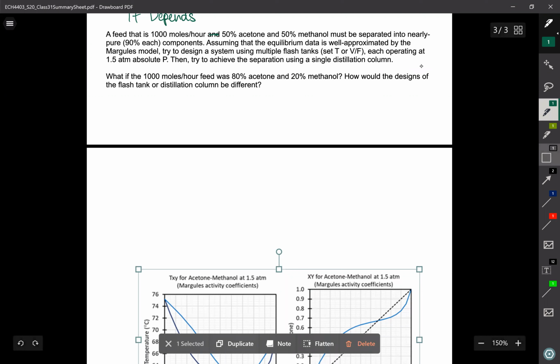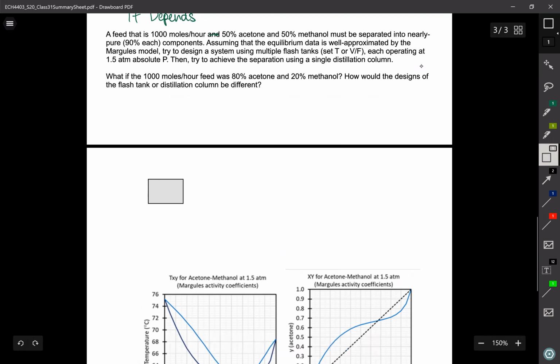But we are going to try the multiple flash tank approach, something that we tried way back in January for the first time. Remember, I've got multiple flash tanks all in series, sending my initial mixture in and then splitting it.